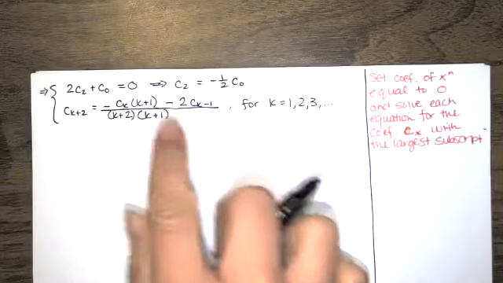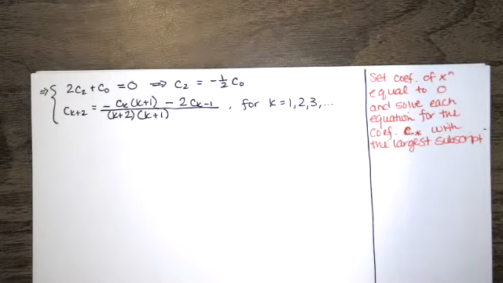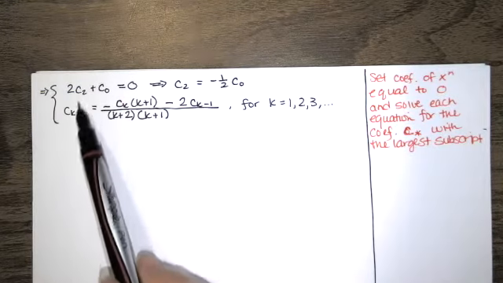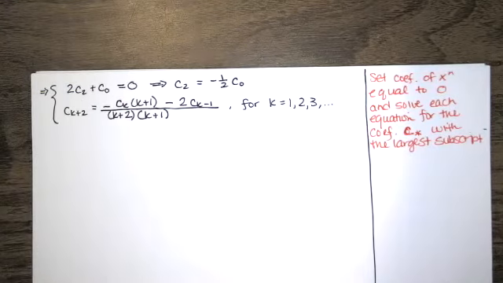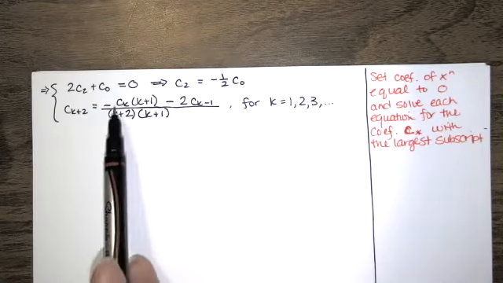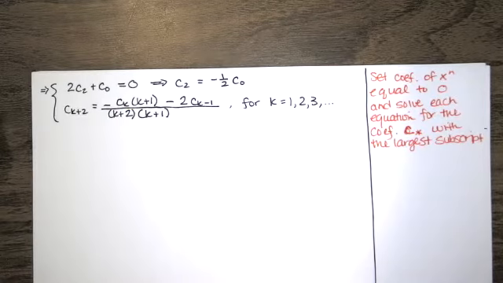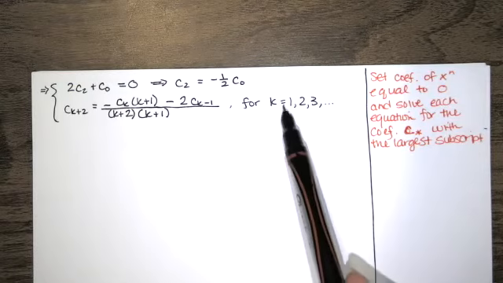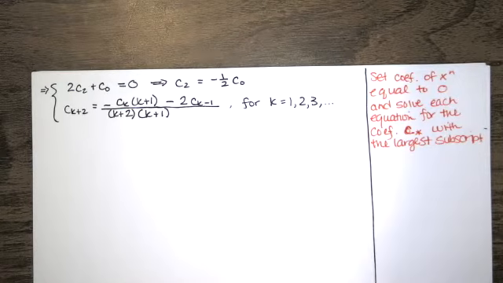Now, when we take each of these and we solve for the coefficient with the largest subscript, c sub 2 in this case, and c sub k plus 2 in this case, what that does is it allows us to find this in terms of coefficients that came before it. So as we substitute different values of k, we're building up our list of coefficients.